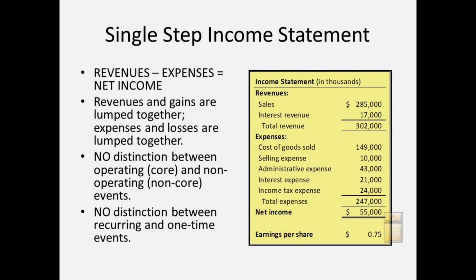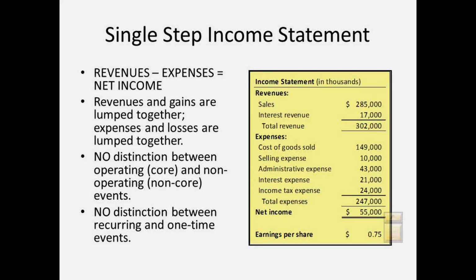Expenses, well, we're going to lump all of those together as well, both the ones that are related to the product, the ones that are related to the process, like the sales, the ones that are related to financing, and the ones that we can't avoid because the IRS is going to charge us a certain amount based on our performance this year.